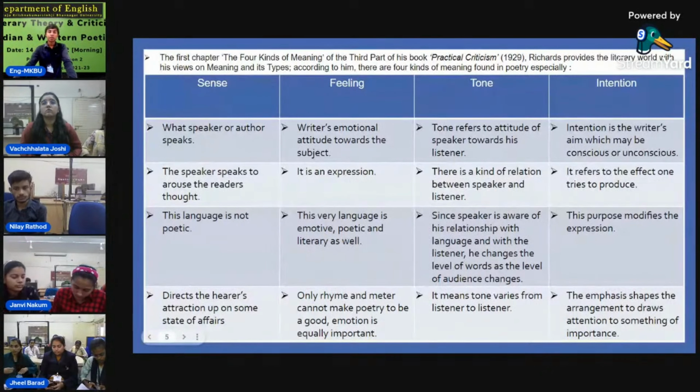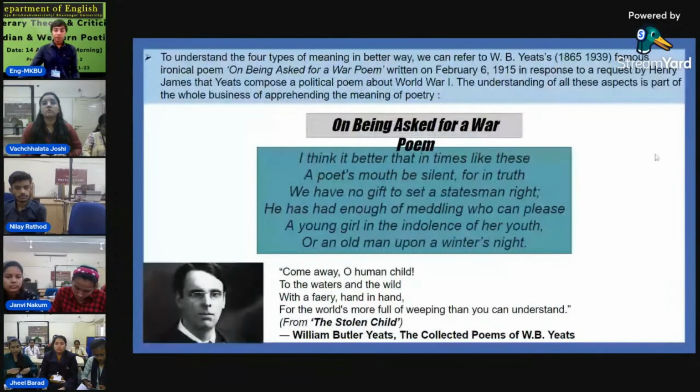So I have taken this poem, On Being Asked for a War Poem, to judge accordingly. To understand the four types of meaning in a better way, we can refer to W.B. Yeats's famous ironical poem On Being Asked for a War Poem, written on February 6, 1915. So it was written during the First World War, 1914 to 1918.